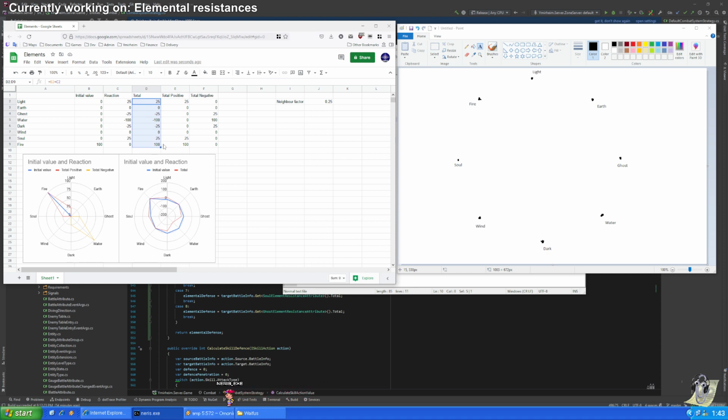Now I just want to reorganize this total column in one line in a way that I can copy it to the database real quick.